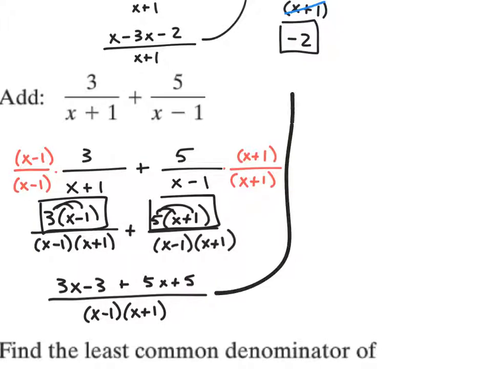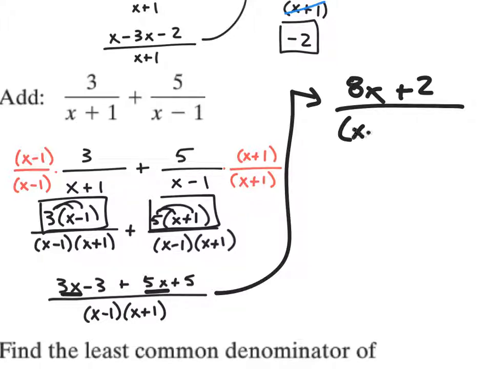All right, let me move this up here. So I'm going to combine my like terms of 3x and 5x. That's going to give me 8x. And then negative 3 plus 5 is going to give me positive 2, so 8x plus 2. And then we're going to divide that by x minus 1 times x plus 1.